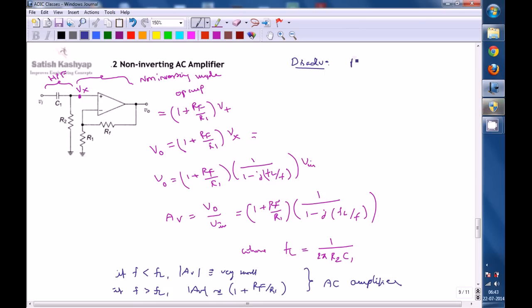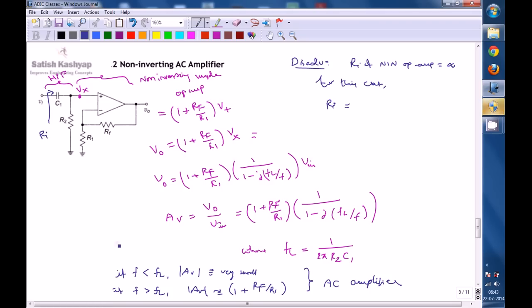Generally we know Ri of a non-inverting op amp is infinite, but when you apply the input to the non-inverting terminal through this circuit, Ri is the effective input impedance looking into the input. If you look in over here, this is Ri.